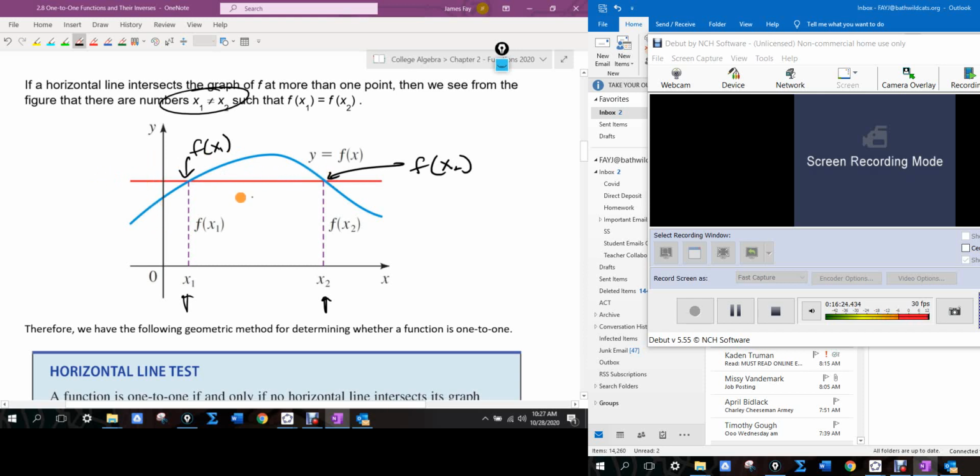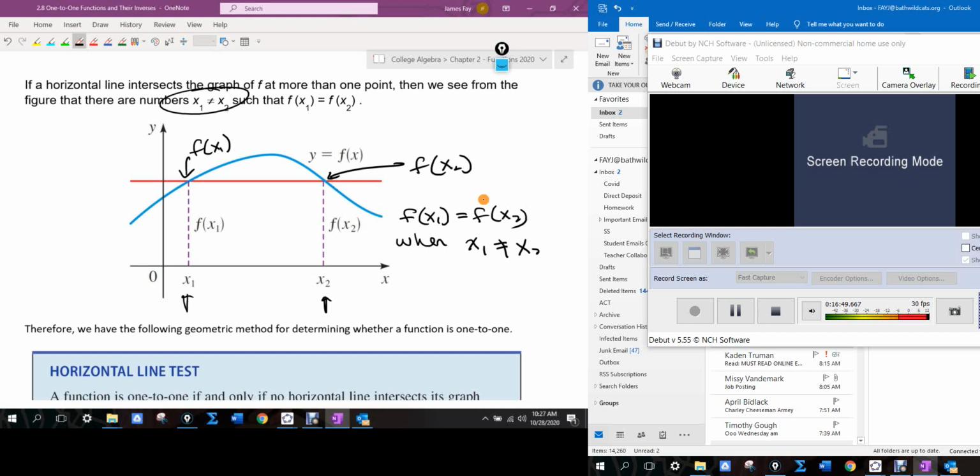Okay? So what this is saying in this situation is that f of x sub 1 equals f of x sub 2 when x1 does not equal x2. So I'm getting the same y value for different x values. Does that make sense? And that violates the definition of being 1 to 1.